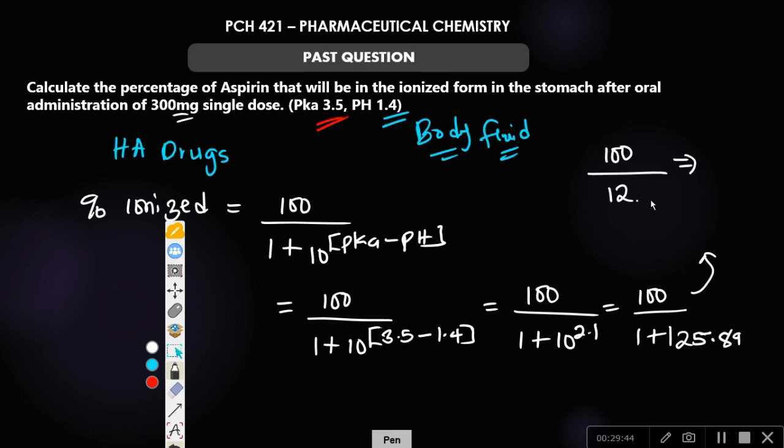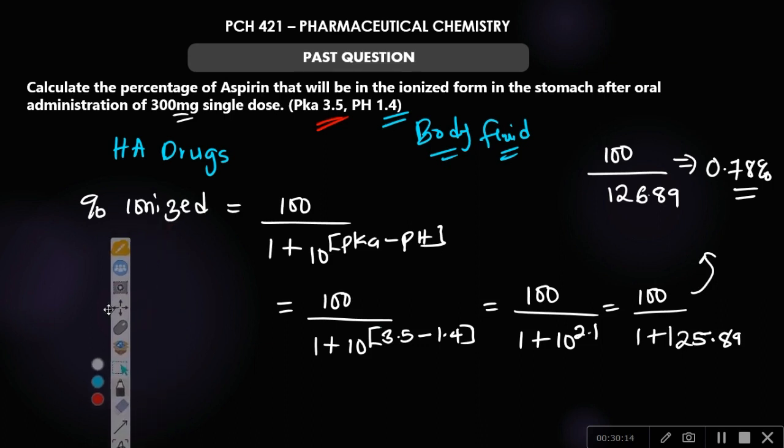So this one will be 126.89. So we have 100 divided by 126.89, which is 0.78%. So it means the ionized form of this drug in the stomach will be 0.78%. Is that okay?